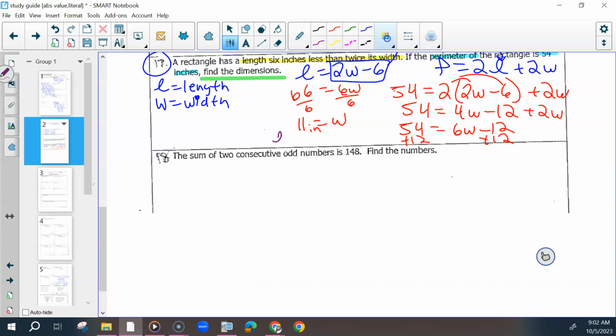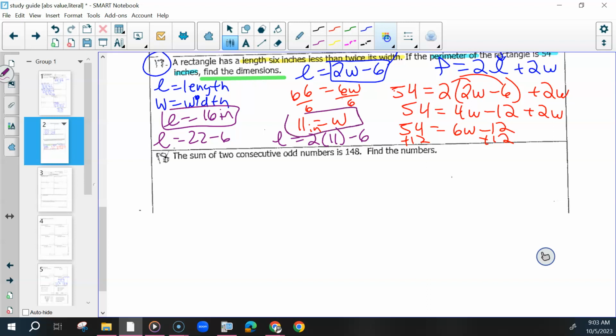Back in W up here, so that L equals 2 times 11 minus 6, and then figure out what L is. Right, other questions on that page?